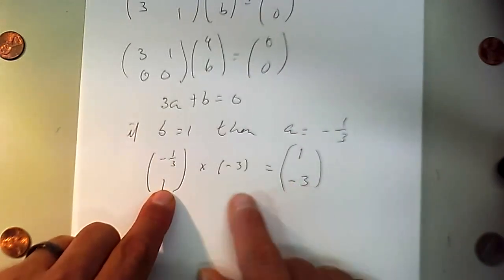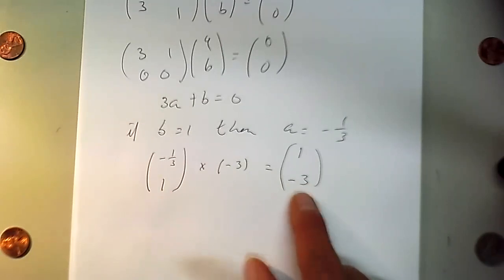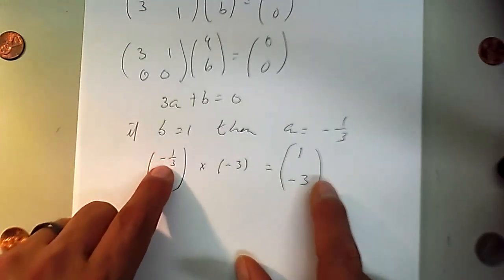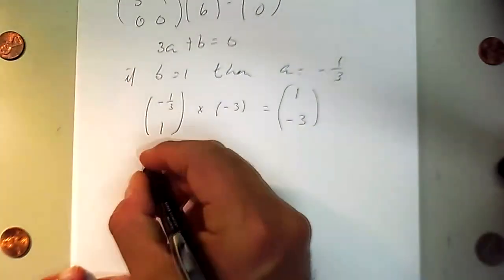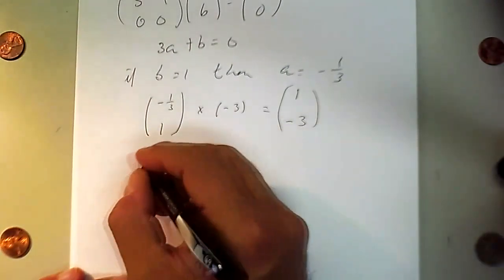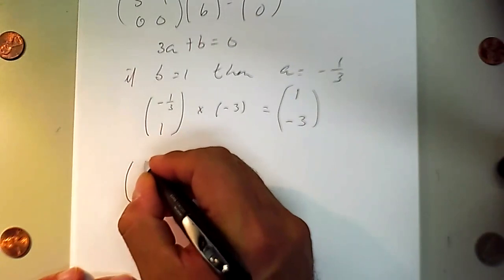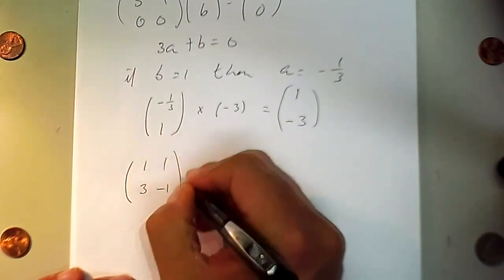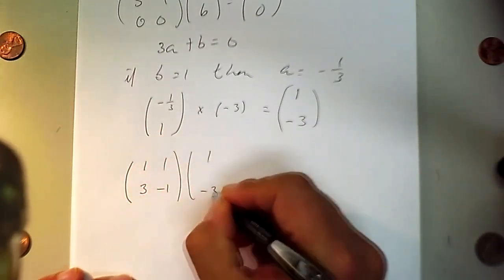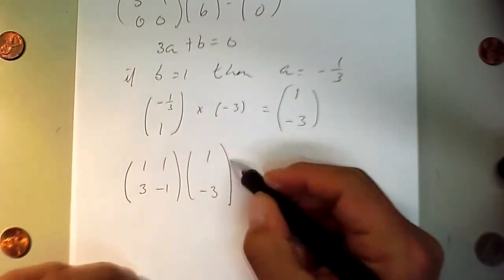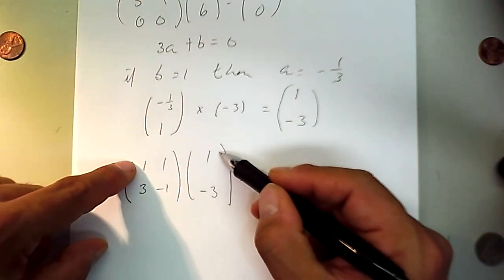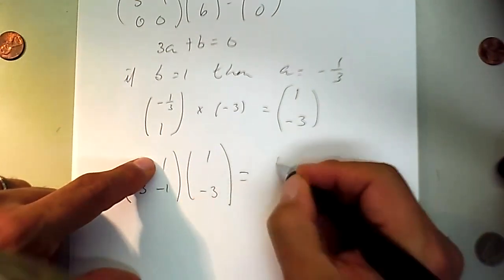So we can modify it a little bit to have no fractions. This one has fractions. I prefer no fractions if we can help it, just because the computations are easier. Now let's double check. 1, 1, 3, -1 multiplied with 1, -3 should be -2 times this. 1 minus 3 is -2.